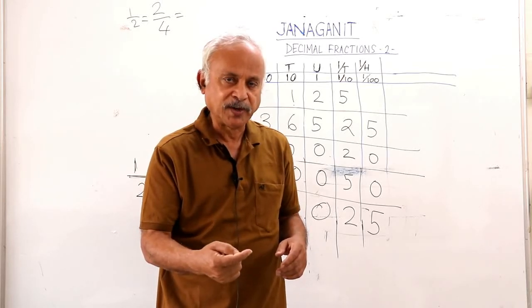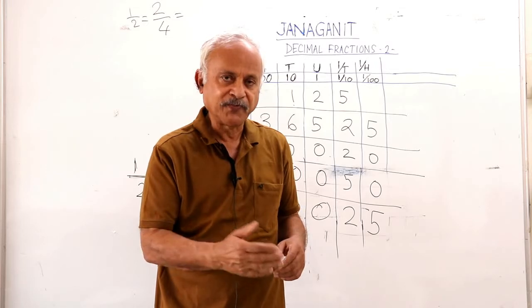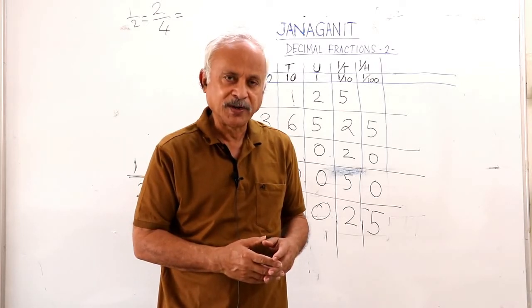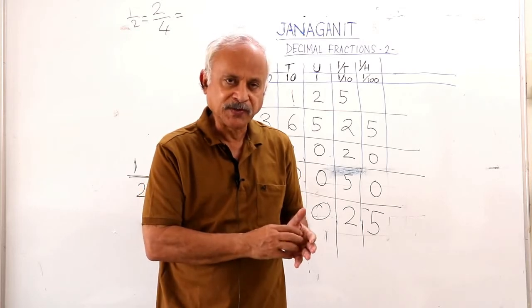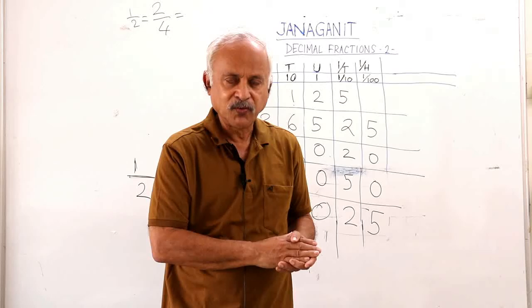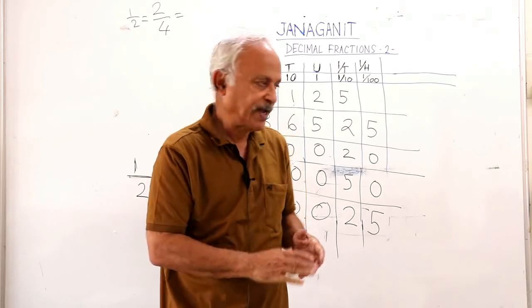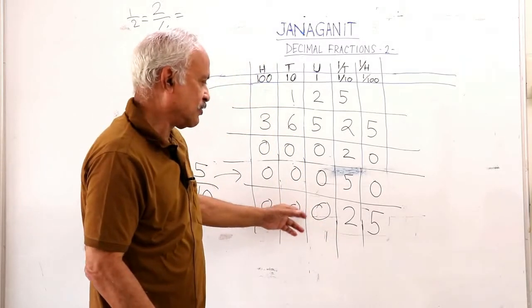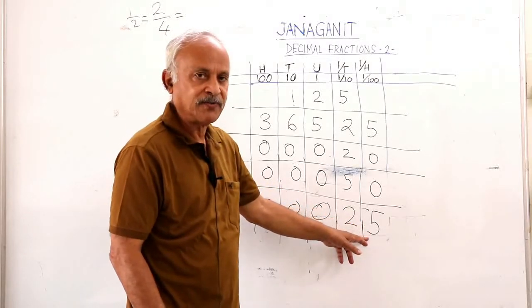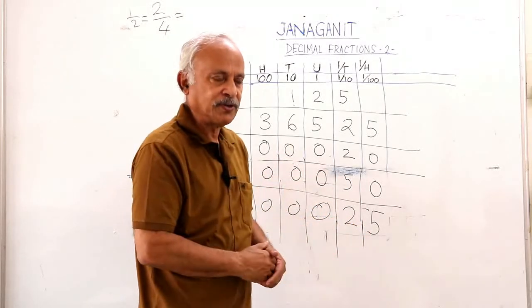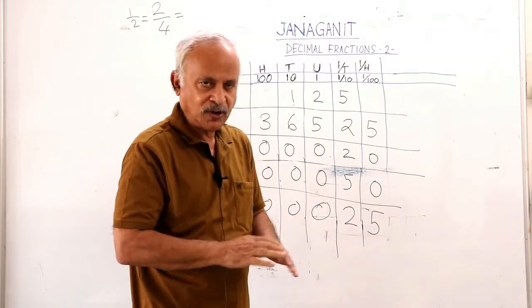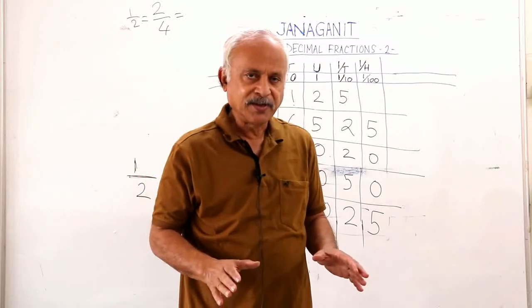That is 10 pieces of 1 by 100, of which we took 5. So half of half, which is 1 by 4, is 2 pieces of 1 by 10 and 5 pieces of 1 by 100, which we write as 0, 0, 0, 2 in the house of 1 by 10s and 5 in the house of 1 by 100s, or using decimal points as 0.25. So now we know how to make it in different ways.